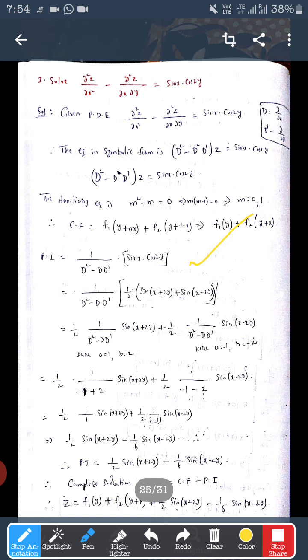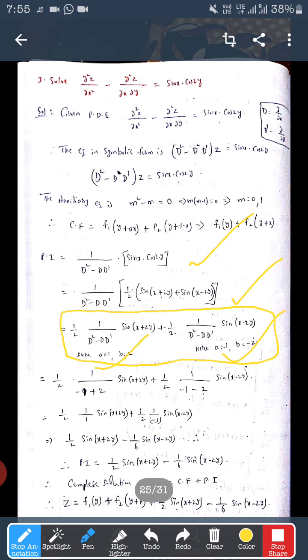So after further simplification, this changes into this form. Therefore, here 1 by 2 into 1 by D square D' into sin of (x plus 2y) plus 1 by 2 into 1 by D square D' sin of (x minus 2y). In this case, a is equal to 1, b is equal to 2. In this case, a is equal to 1, b is equal to minus 2. So we repeat the same procedure.